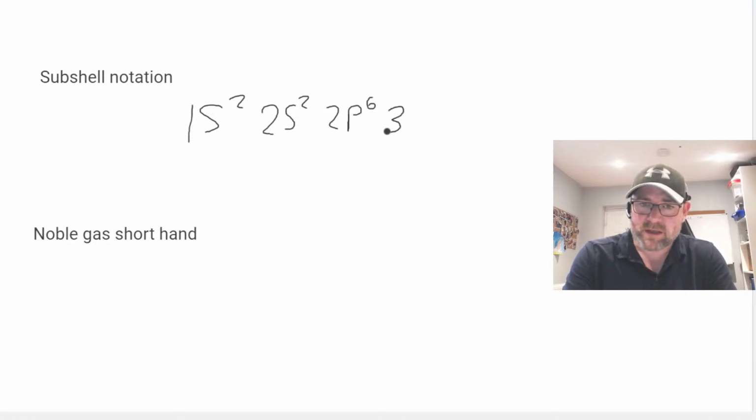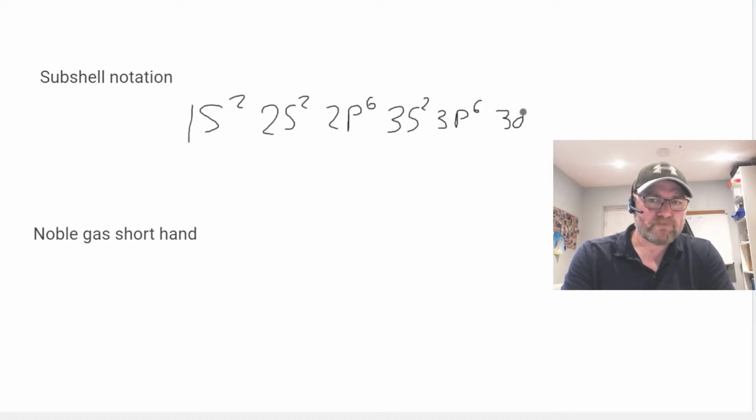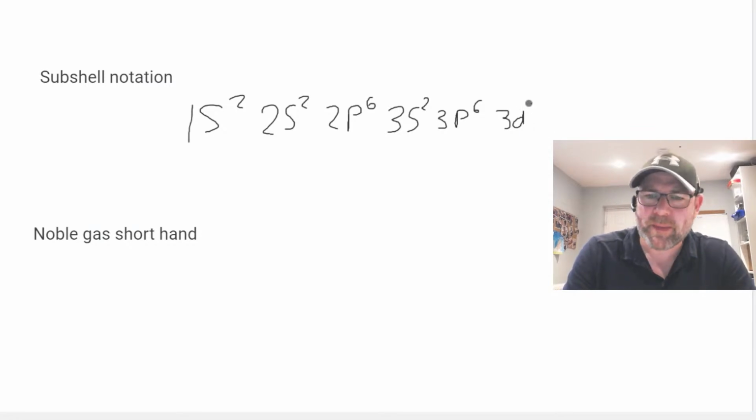Then we go to the third level and we start with s, and there's 2 electrons in that. And then we have 3p, and there's 6 electrons in that. Now we're in the third energy level, we're going to add a third subshell, and it's the 3d. However, it's controversial here. You could write 3d if you wanted, but there'd be 0 electrons in the 3d.